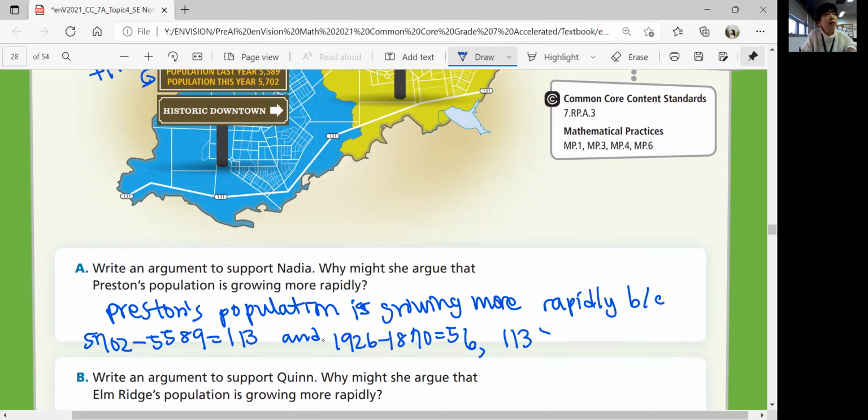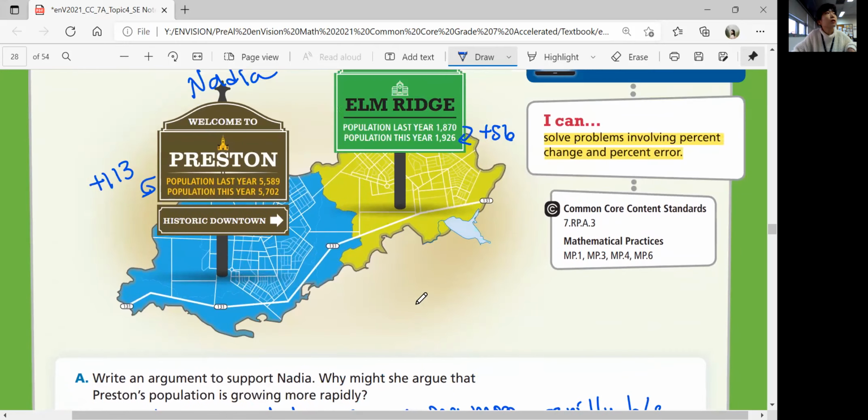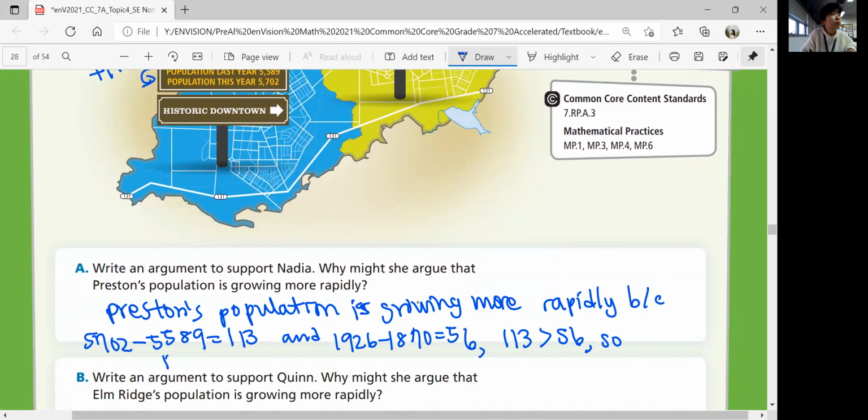And 113 is greater than 56. So, let's label which one is which. That's Preston, and this is Elmridge. Okay, so Nadia is right.